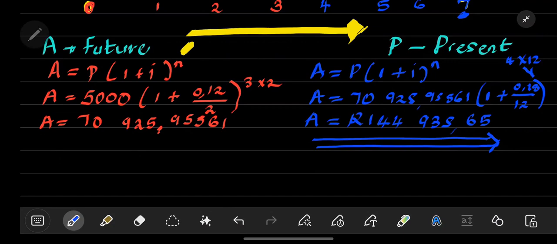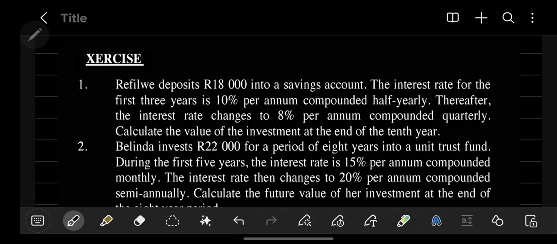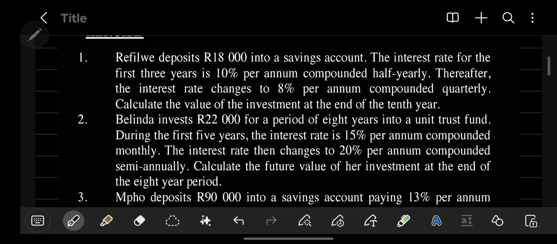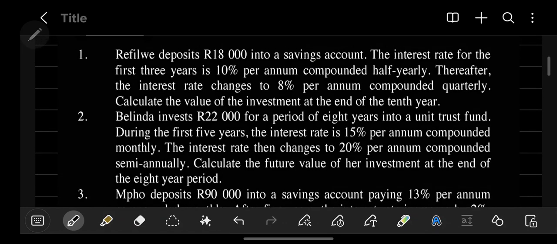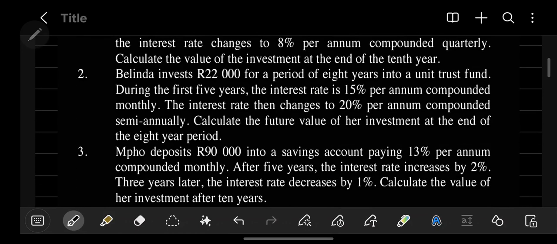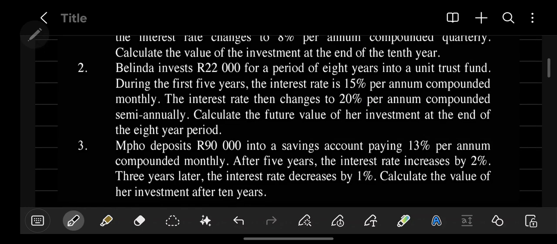So there is homework for you. Okay guys, this is our homework, your exercise. You can screenshot this part.